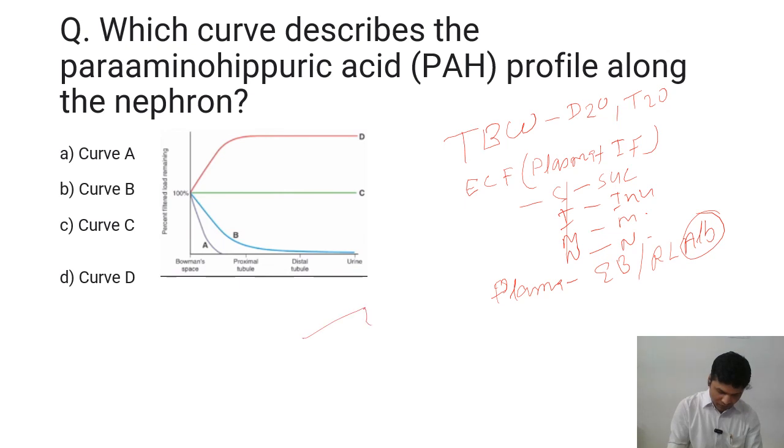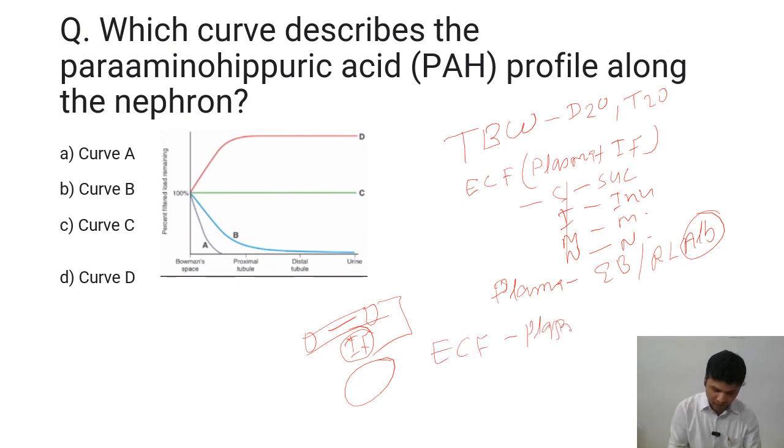Here we can see plasma, then interstitial fluid, and then cell. To calculate interstitial fluid, we have to take extracellular fluid minus plasma. ECF minus plasma is equal to interstitial fluid, because if we calculate this volume and the plasma volume, then ECF minus plasma equals interstitial fluid.